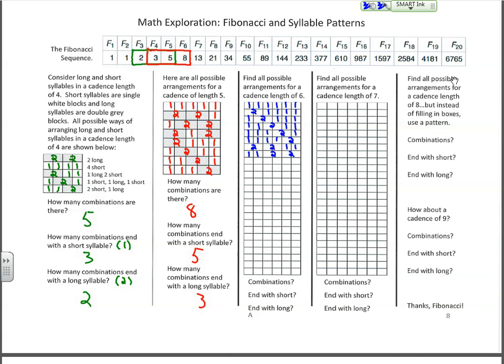I could have a 2 1 2 1, or a 1 2 1 2, or, am I missing one? Oh yeah, of course. My two 1s in the middle.